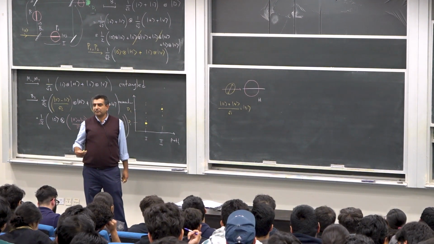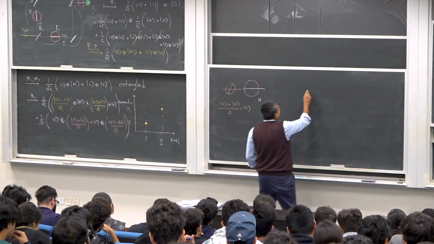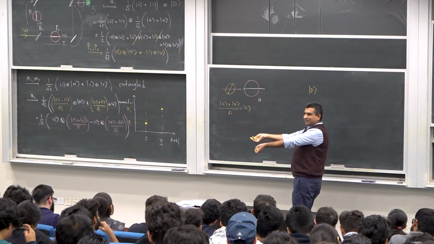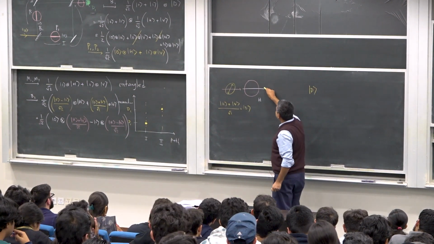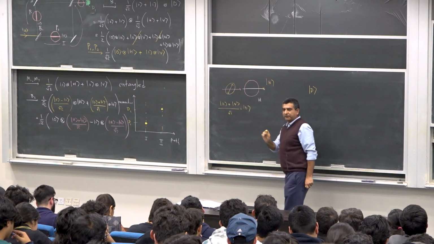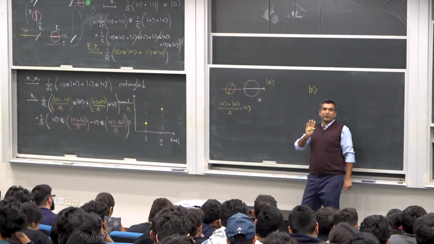It will come out with some probability, because what's going to happen is that this polarizer, so let's call this ket D, the probability that it comes out, any state that comes out here must be ket H. If a photon comes out, put a detector here, it clicks, it must be horizontally polarized.